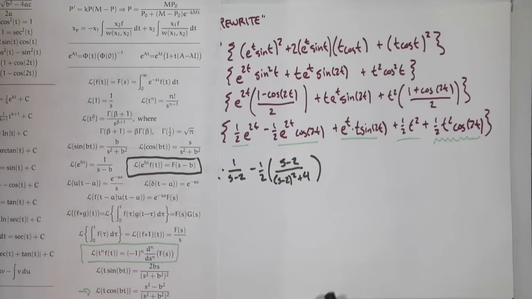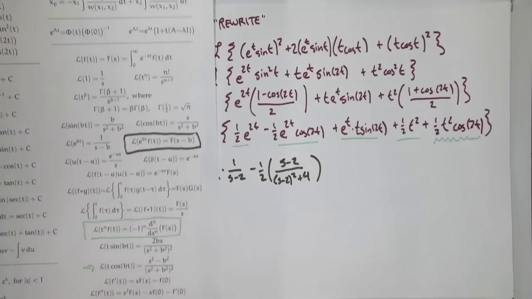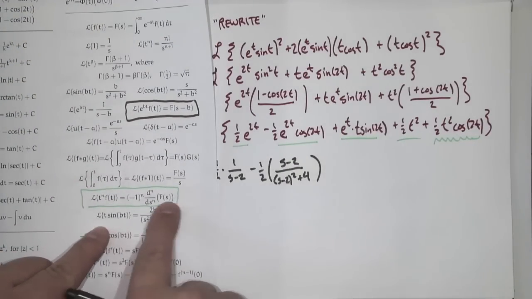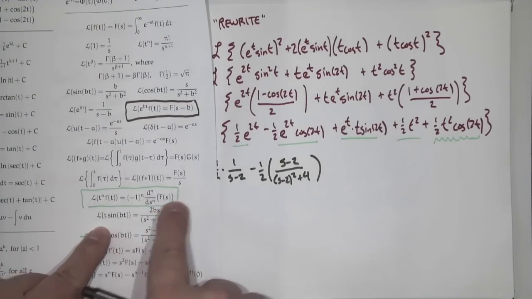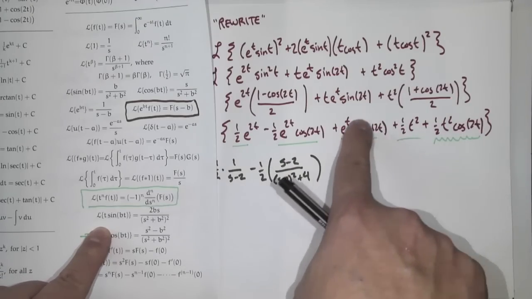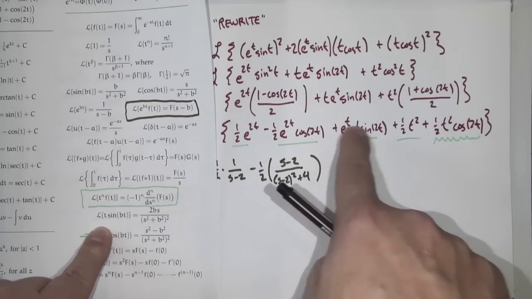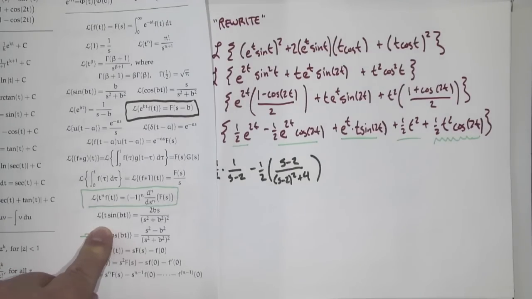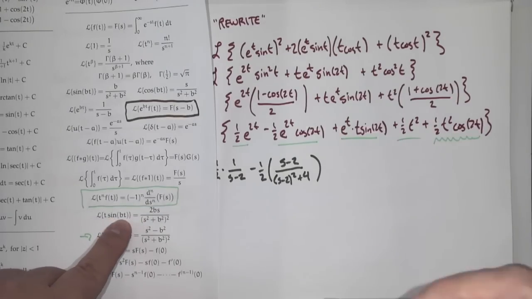The e to the t sine 2t, well, again, we already have t sine 2t. We have an expression for it. So we know how to do just the t sine 2t. The e to the t means shift. Everywhere we see an s, we now put s minus 1. Here b is 2.